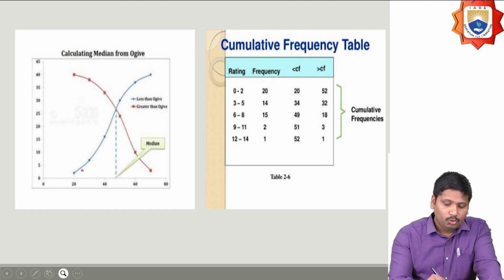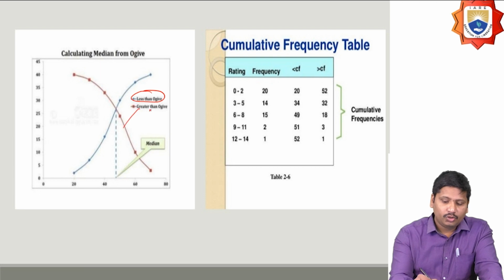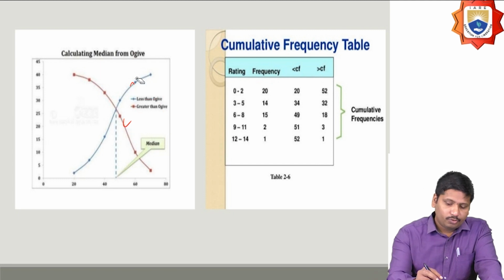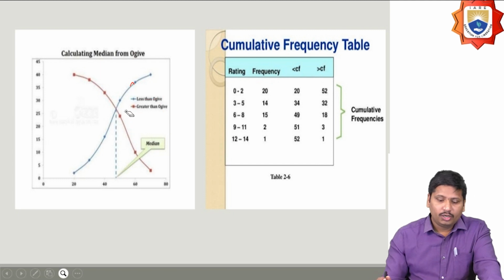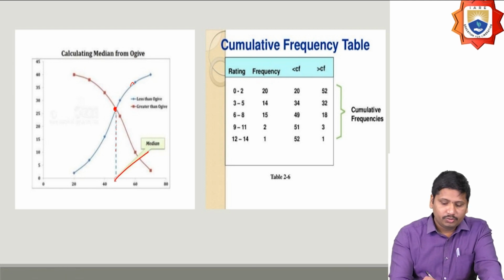The blue curve represents the less than ogive, and the red curve represents the greater than ogive. Once both of them are drawn, the point of intersection of the two ogives is called the median of the distribution.